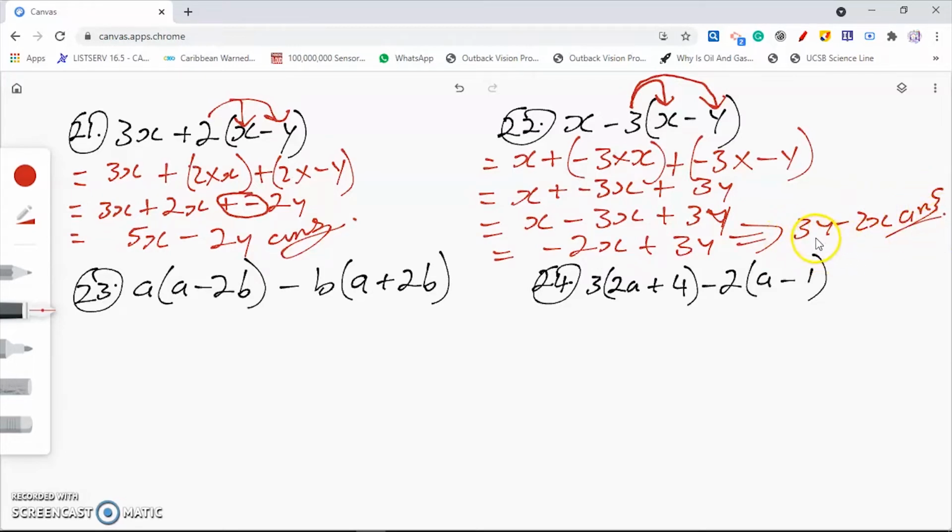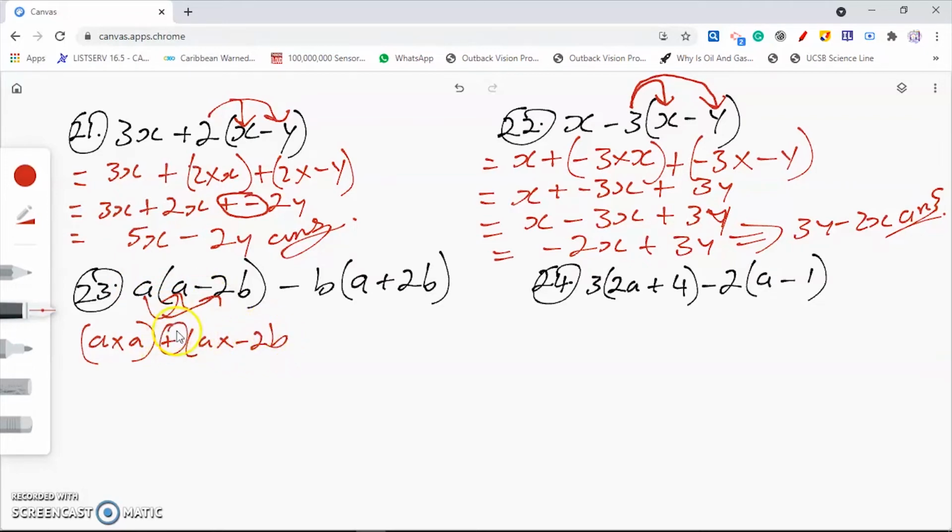Good, 3y minus 2x. Number 23, we have open bracket a minus 2b, minus b open bracket a plus 2b. So a times a, plus a times negative 2b.